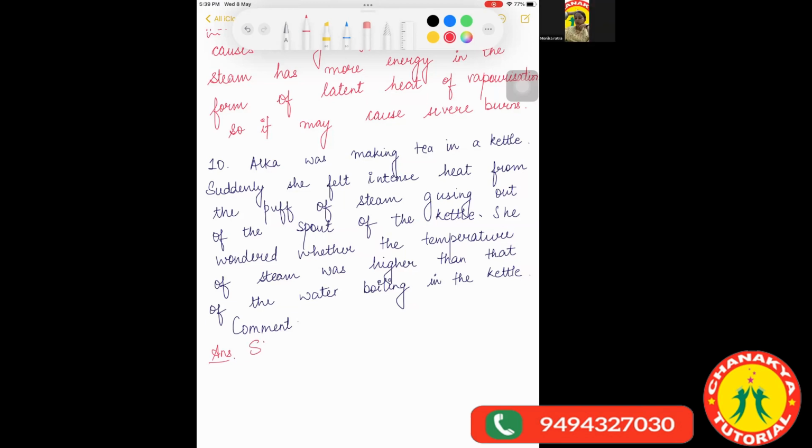Very good. That's absolutely correct. Steam has a higher temperature than the boiling water as steam possesses more latent heat of vaporization.